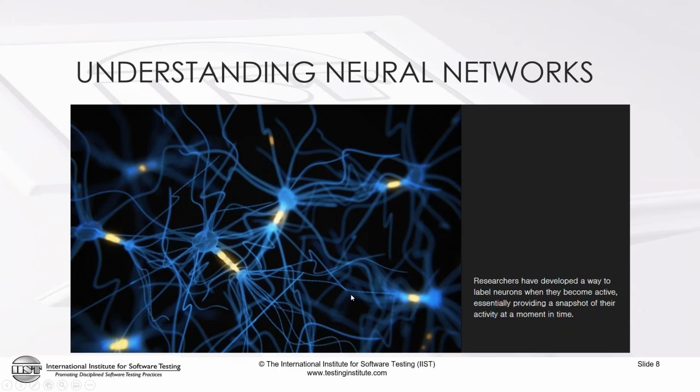Now, this is just a larger picture. It's actually a picture from MIT, and you can see a much larger section of the brain. And what they're saying they've done here is they could take a snapshot of the communication of the brain at any given time. So it's very interesting, much in the same way that we run code coverage on unit tests or API tests or other things of that nature, and we can capture a snapshot of every conditional branch and line of code that was used.